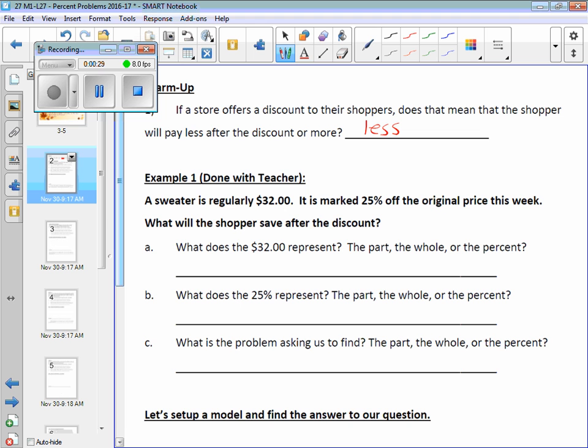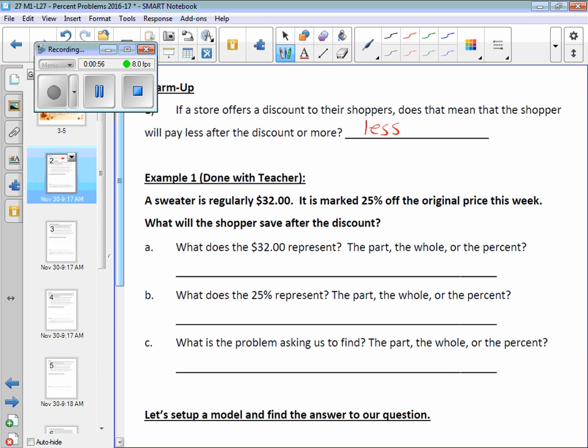The reason why I'm emphasizing that you pay less is that after you're done doing these word problems, you want to look back and see if your answers make sense. We've had students in years past, they'll go to a store, there's a pair of jeans for $50, there'll be a 10% discount, and then in their final answer of what they'll pay after the discount, they'll write down $5,000.